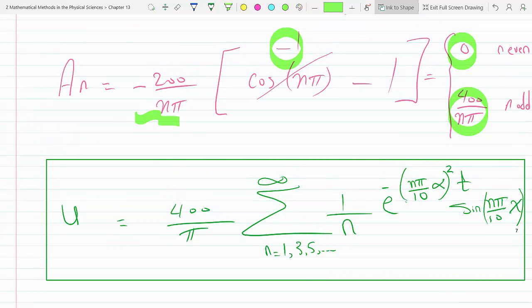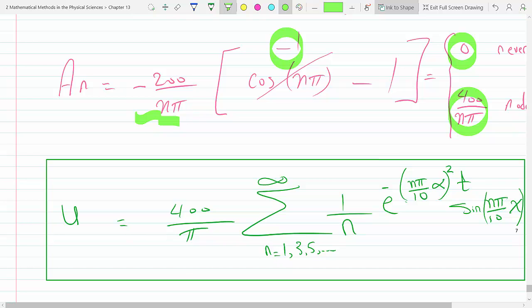So now I plug it back in, minus 200. There was a 2 from before, minus 2. 400, we already accounted for it here. So 400 over pi, n has to go inside the summation because this summation is dependent on n. And then I plug in the k for what it is, which is n pi over 10.